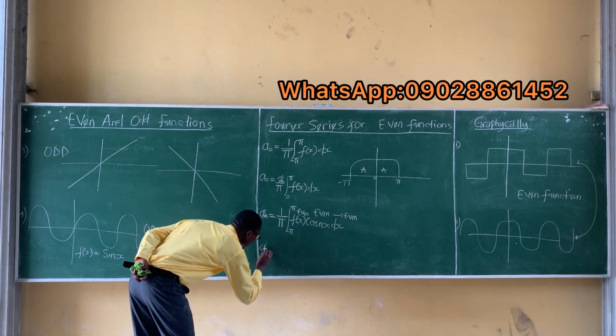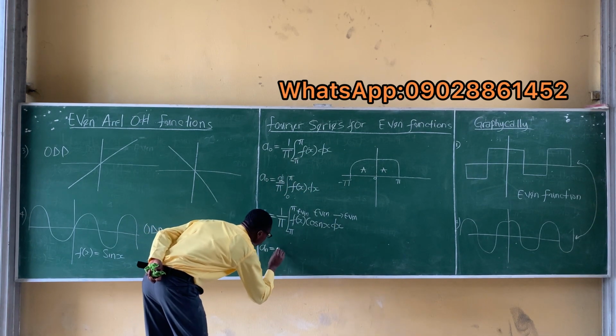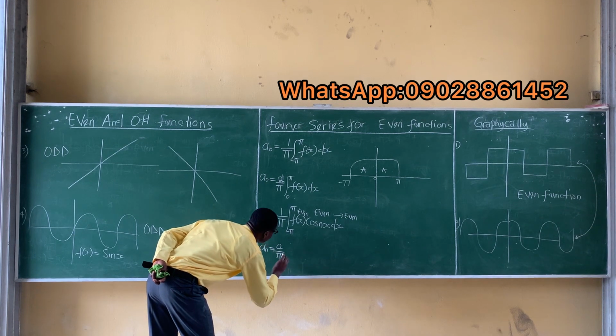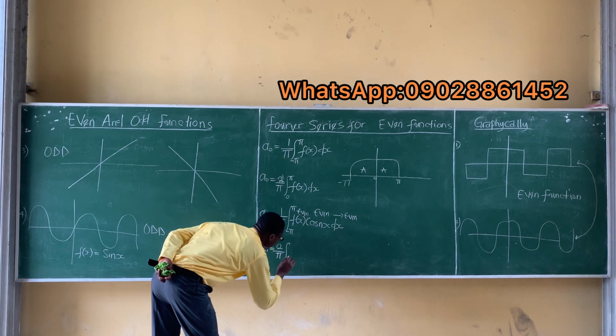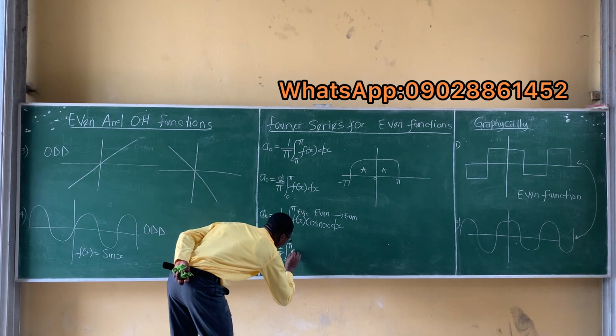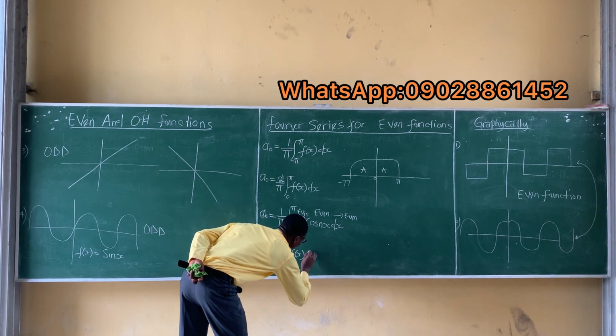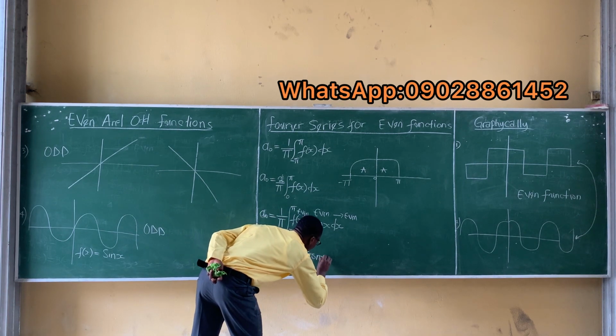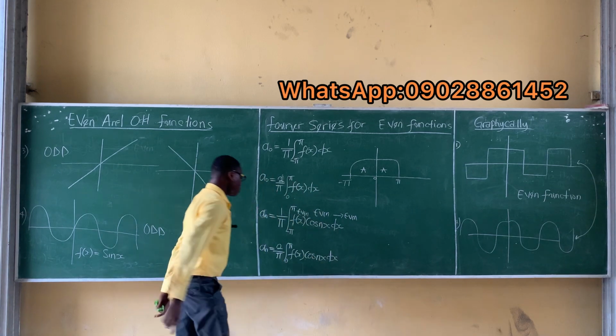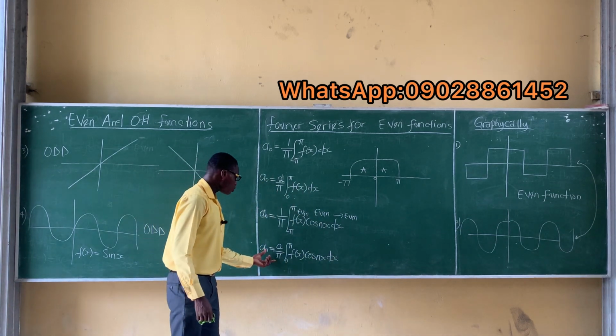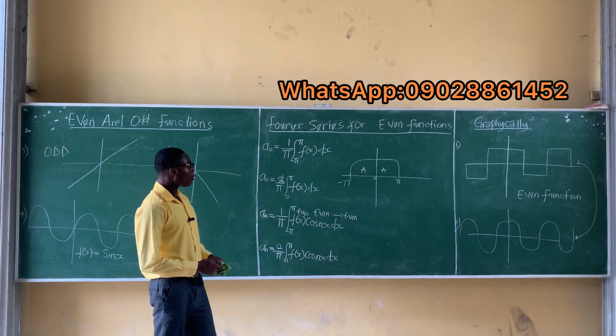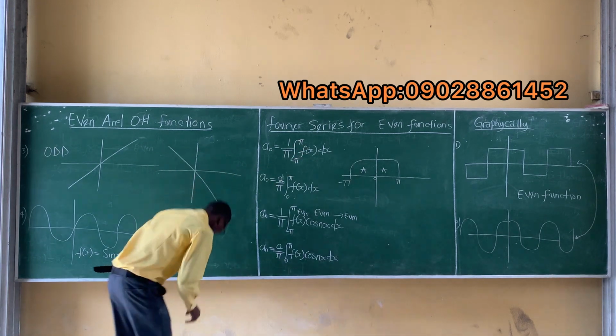So a sub n will be equal to 2 over pi, the integral from 0 to pi of f of x cos nx dx. So this will be the new formula for a sub n and a naught for the Fourier series of an even function.